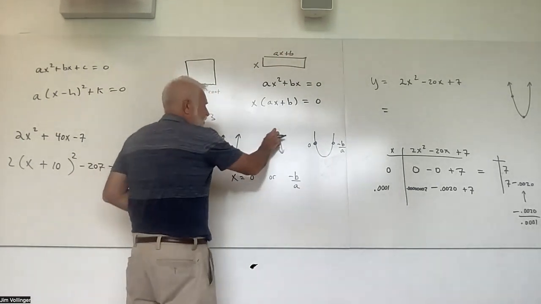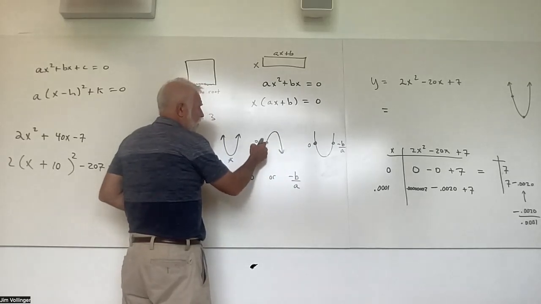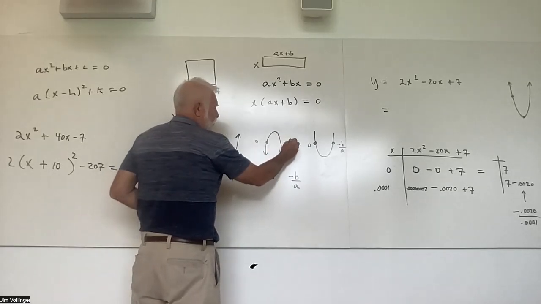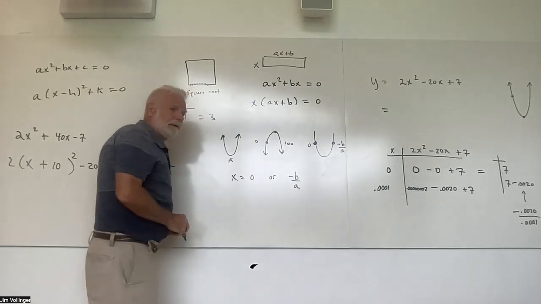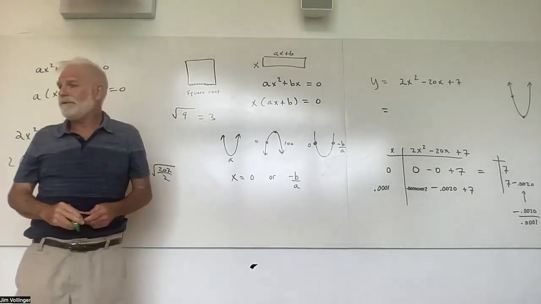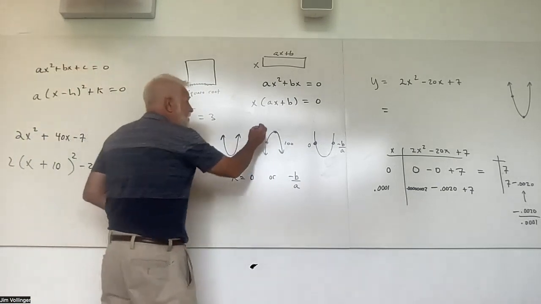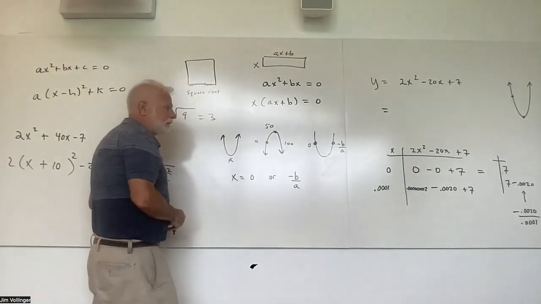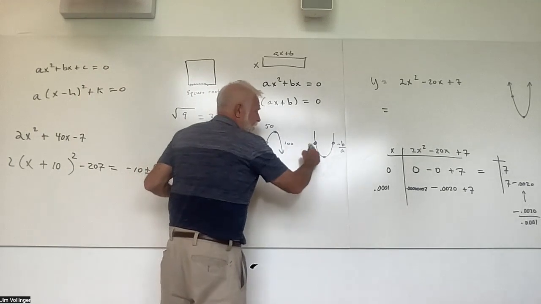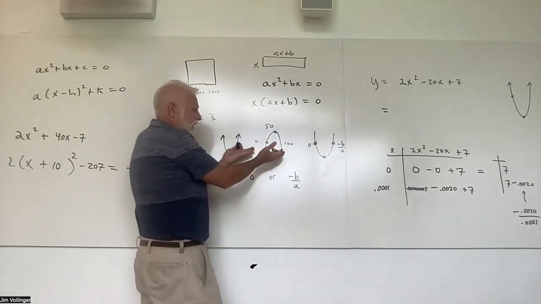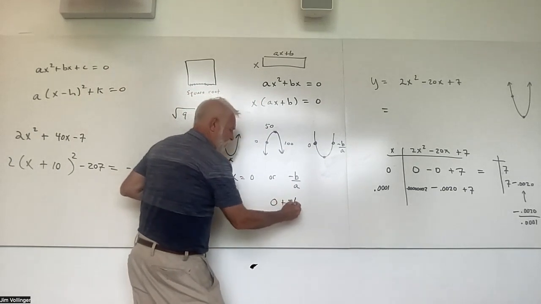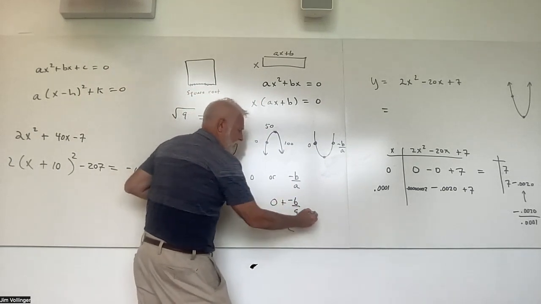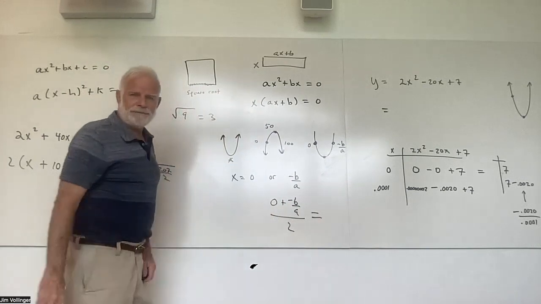But let's just say, for instance, that a 0 got you a 0 and a 100 got you a 0. Well, I bet you can tell me that x value now. And if you said 50, you'd be right. Question is, can you tell me this x value? Well, it's the average, right? It's the average of 0 plus minus b over a, divided by 2. Geez, I wonder what that gives me.